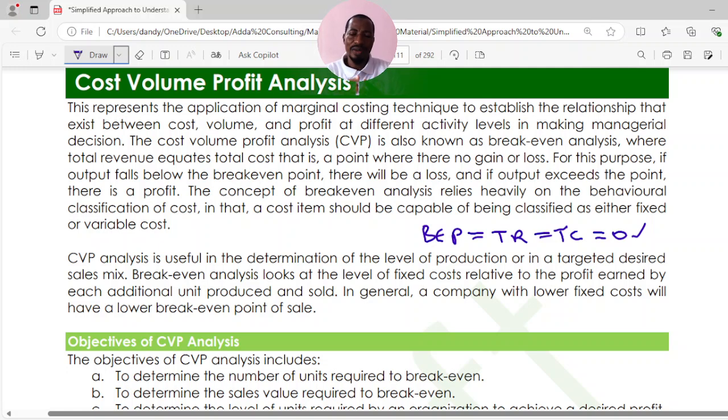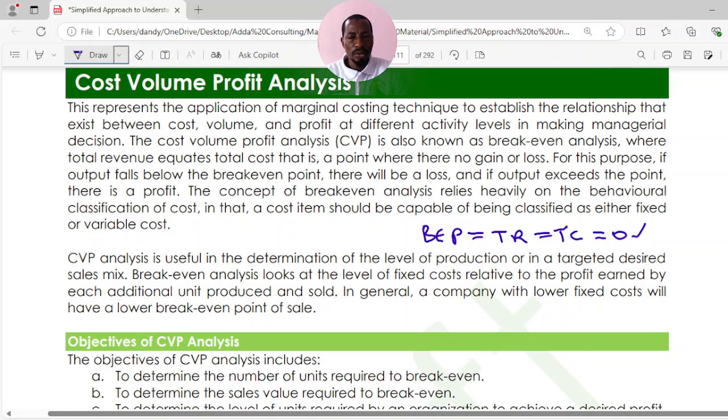All right. However, there are some underlying assumptions that you need to take into consideration as far as break-even analysis is concerned. The first assumption is that variable costs remain constant. Fixed costs will not change.